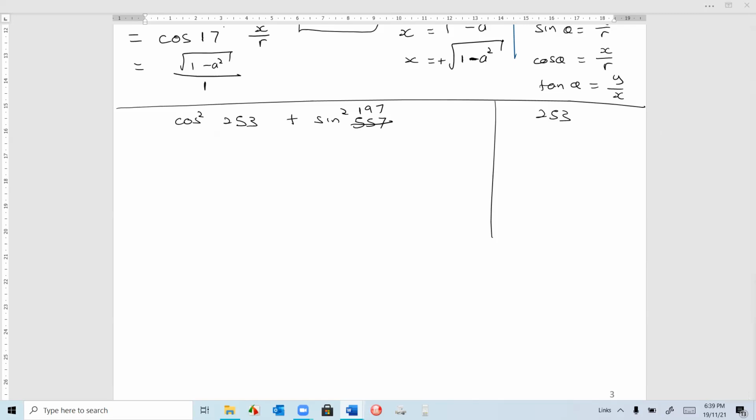Isn't it 3 or 4, sir? Sorry? Three. The third quadrant, sir. How did you get the third quadrant? So I'm very worried if you're telling me third quadrant.